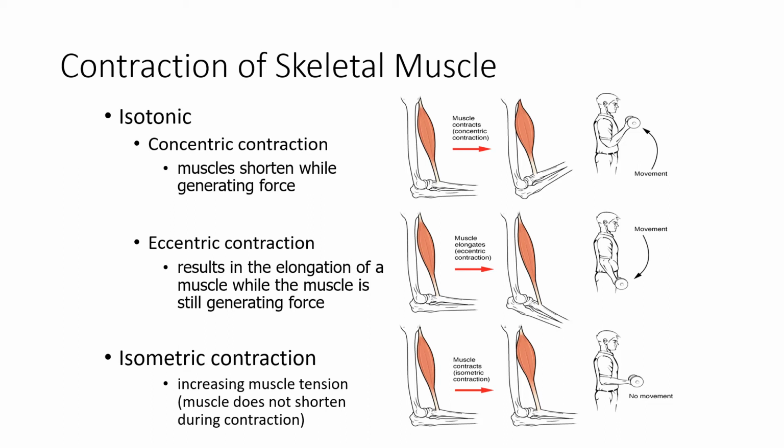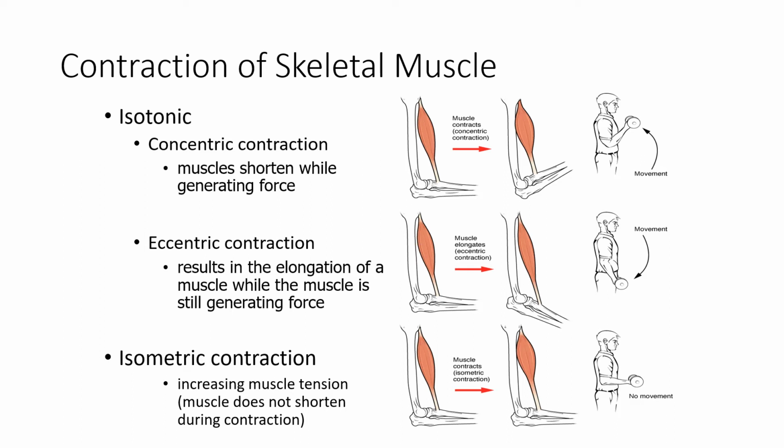So we have three main types of contraction. The first one is an isotonic contraction. This is broken up into two. The first one is concentric contractions. It's a type of muscle contraction in which the muscle shortens whilst generating force and overcoming the resistance.